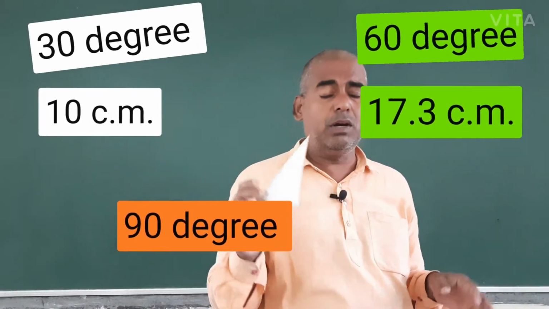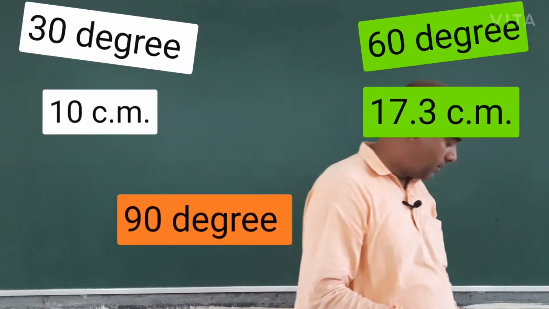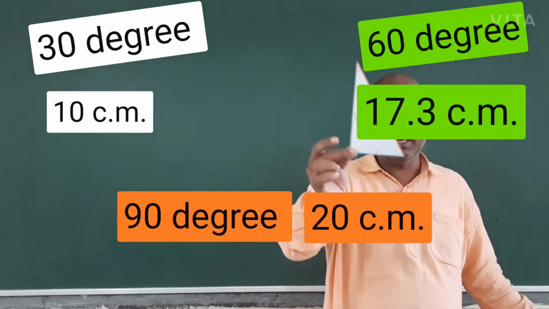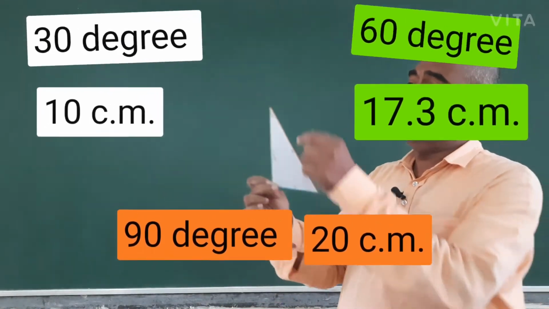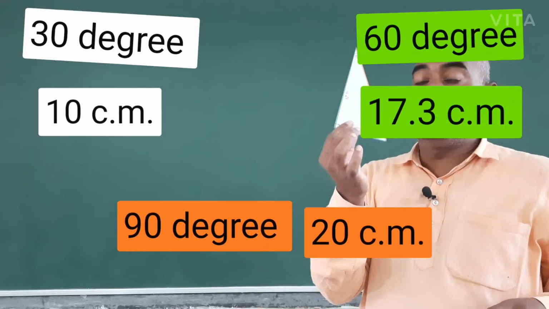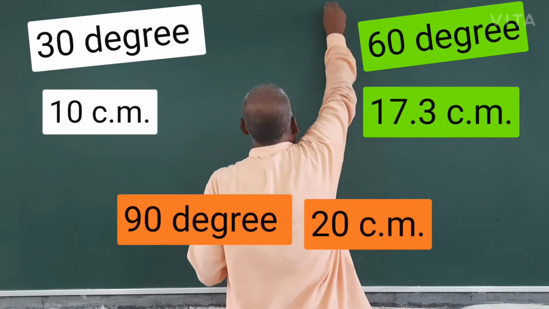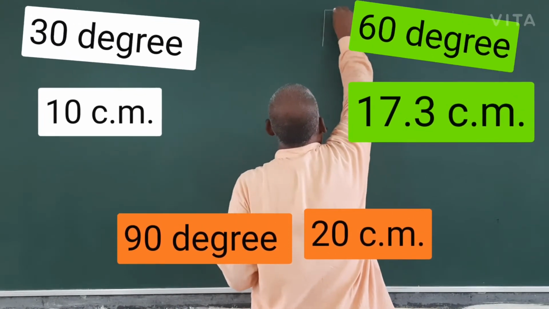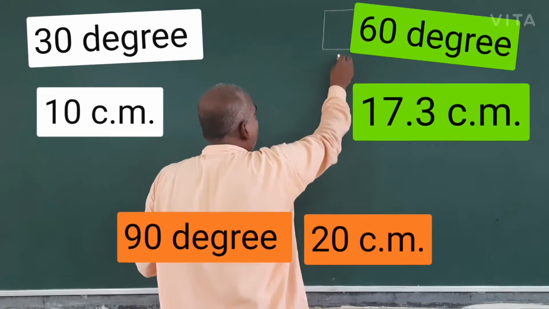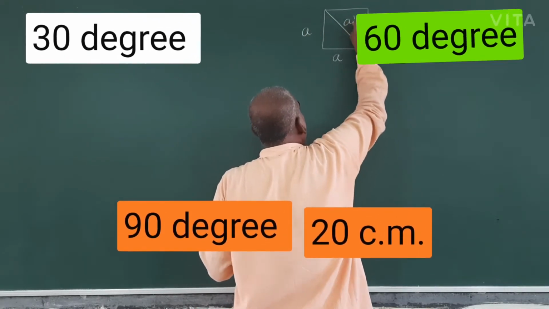When this type of triangle happens, when this is 30 degree, this is 60, this is 90, you draw an equilateral triangle. Just like the 45 triangle was made earlier with the help of a square, and the formula was a, and that is a root 2.